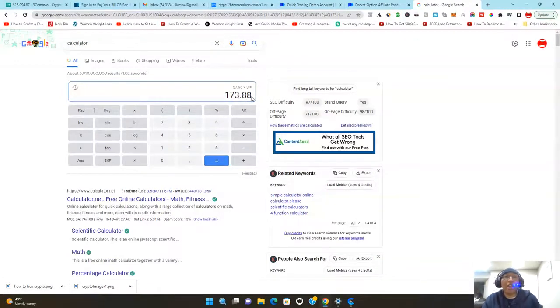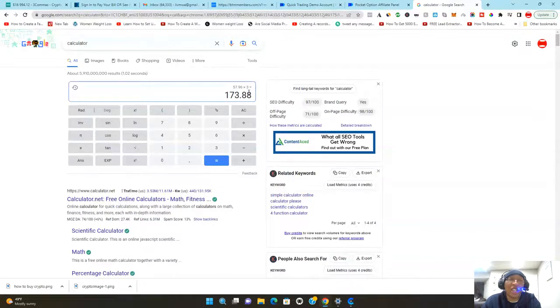It was a 1 minute trade, and it took about 5 minutes to set it up, so 5 minutes plus at least a minute of the trade. That's about 6 minutes. So in 6 minutes, I was able to make 173.88.